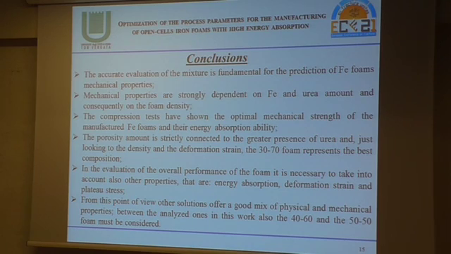The porosity is strictly connected to the greater presence of urea, and if we look just at the density, the 30-70 foam represents the best composition. If we look at overall performance in terms of energy absorbed and density, it's important to take into account also other properties such as energy absorption, deformation strain, plateau stress, and so on. From this point of view, other solutions offer a good mix of physical and mechanical properties. In particular, 40-60 and 50-50 must also be considered.